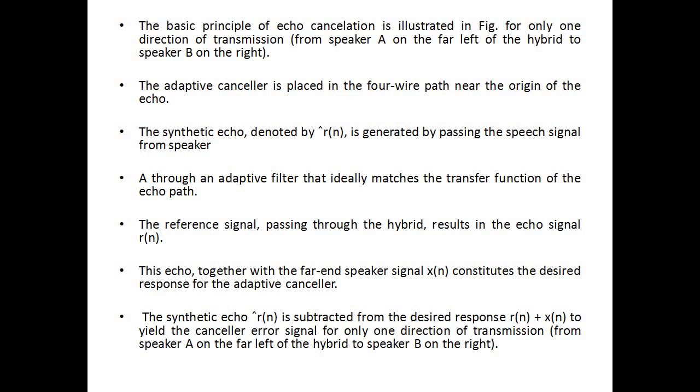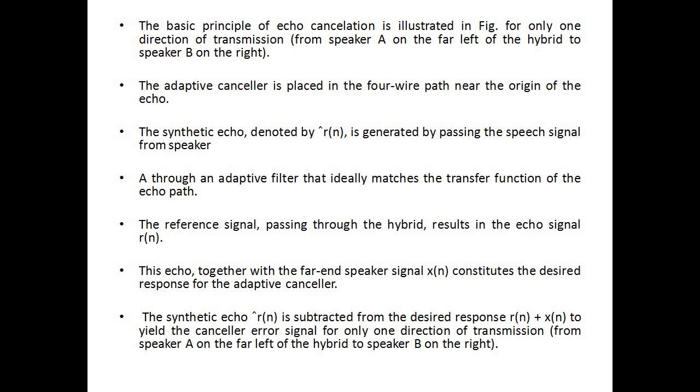The basic principle is illustrated in the figure. There is only one direction from the speaker. The adaptive canceller is placed at the 4-wire path near the origin of the echo. The synthetic echo, denoted by R of N, is passed through the speech signal of the speaker.